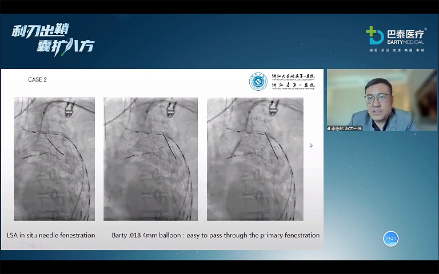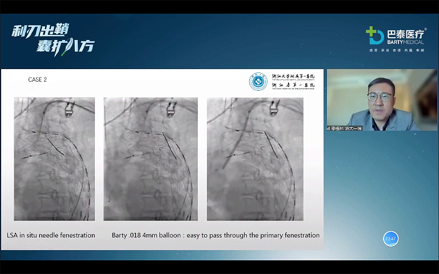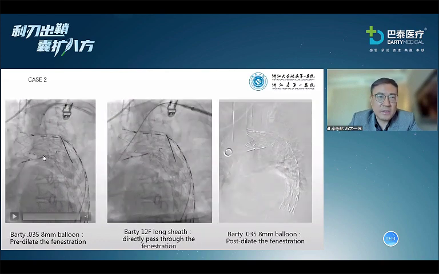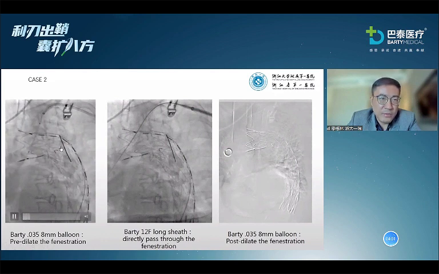You can see this is the balloon. That means the fenestration is very successful. And after that, we use an 8 millimeter balloon to bend the fenestration to the target size.